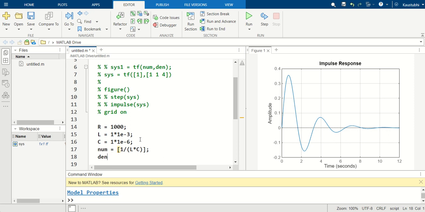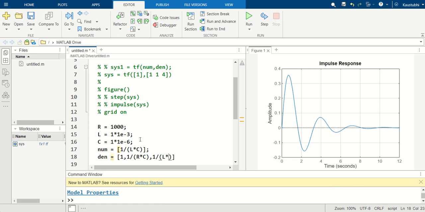We had the denominator, which was, first of all, 1, then it was 1 by RC, 1 by R into C, and we had 1 by LC, 1 by L into C. Got it?